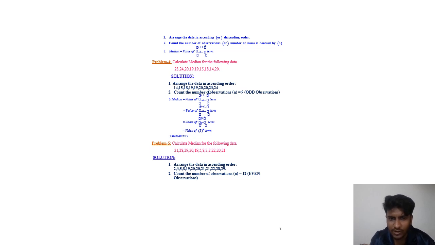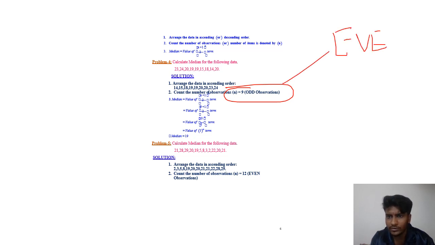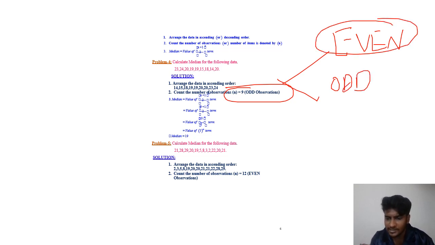Now what you have to do, you have to see whether the number of observations is even or odd. Okay, so if it's even, you have to apply another formula that we will be discussing. But if it's odd, simply use the formula n plus 1 by 2. So this will be your formula for your median.